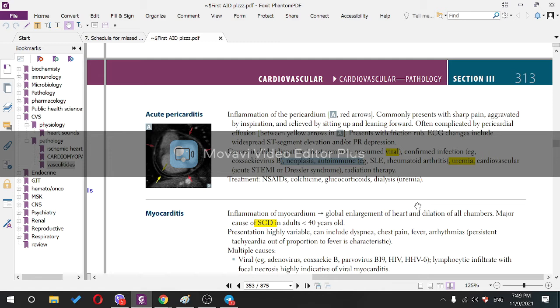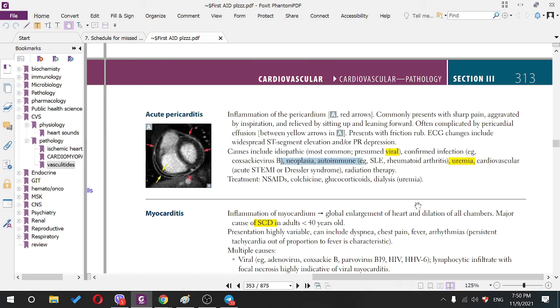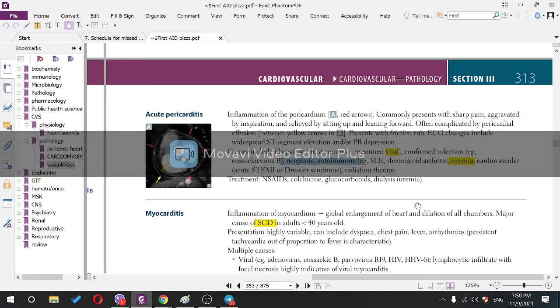So, okay, uremia, somewhat. Okay, guys, tell me, which of the following patients will have uremia? Kidney failure or liver failure? Look, where is the urea cycle located?